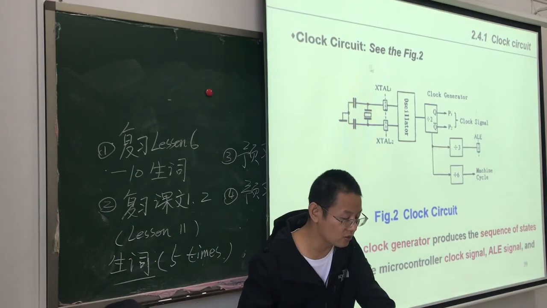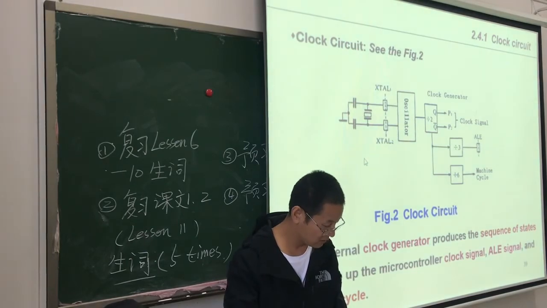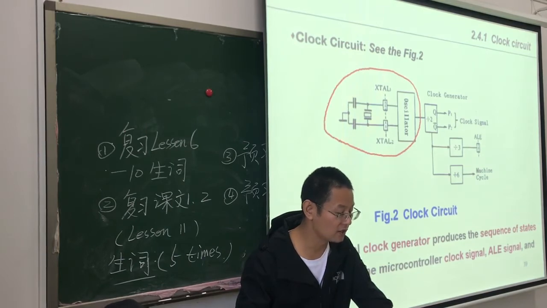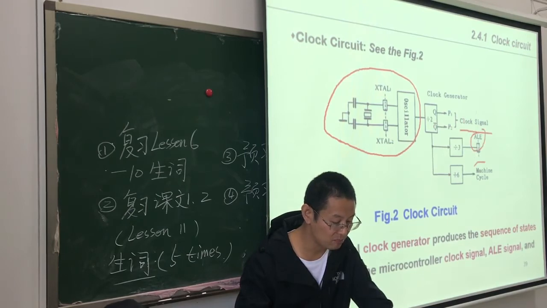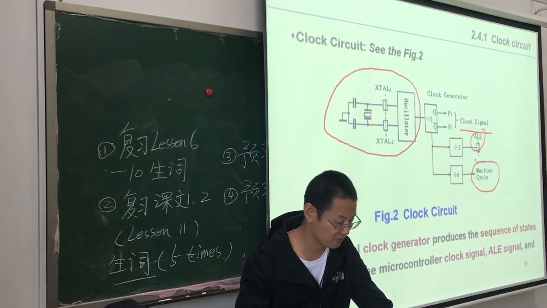Clock circuit, we can see in figure 2. If we get the on-chip clock circuit working, we can get different signals: the clock signal, ALE signal, and machine cycle signal.